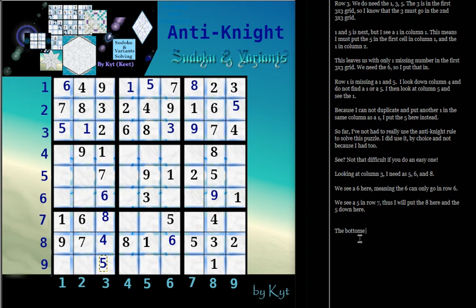The bottom 3 by 3 grid is missing a 2 and 3. I do not see a 2 or a 3 in either column 1 or 2.